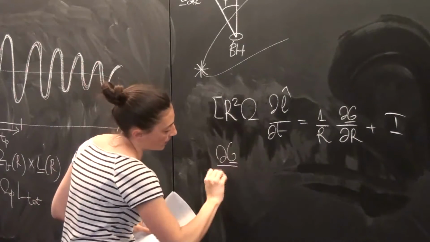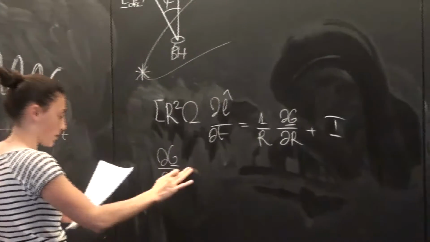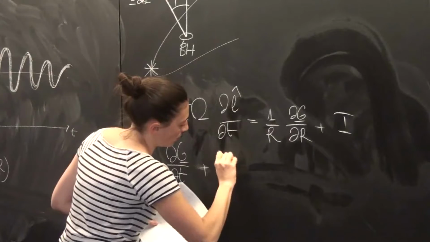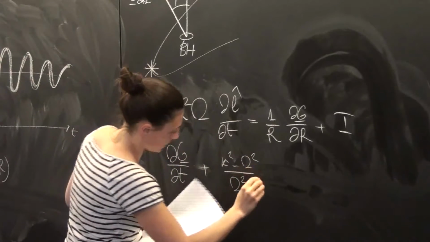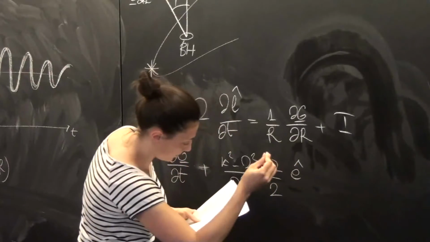Where L is the angular momentum versor of the disk, and G is the internal torque.